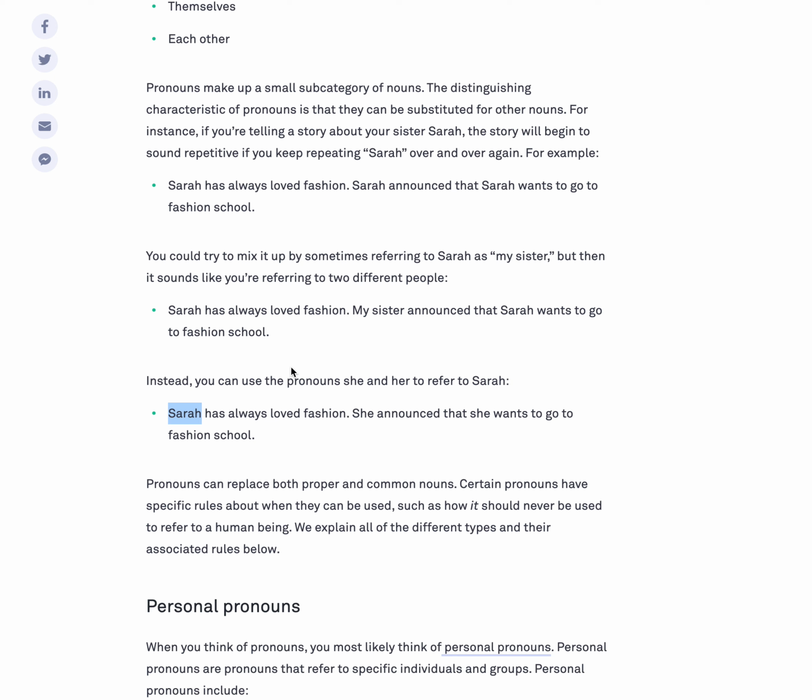And then you have to realize that if you drop a pronoun in this sentence, like here or here with this she, the rule is that pronoun is going to refer backwards this way into the sentence that came previous, looking for a noun that matches it in number and gender. Number being singular or plural, gender being male or female if that's determined.